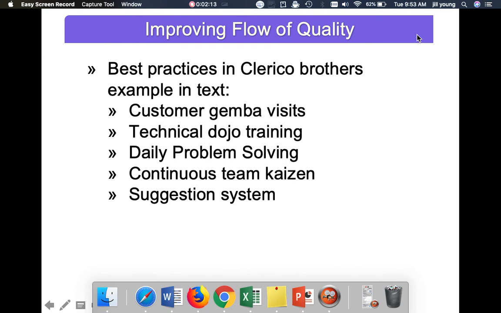But you're continuously thinking in Kaizen terms. And then the suggestion system, which is basically creating an environment where employees feel emboldened to suggest ways of doing things that might be better or more efficient, and having an environment where they can actually put it into practice.